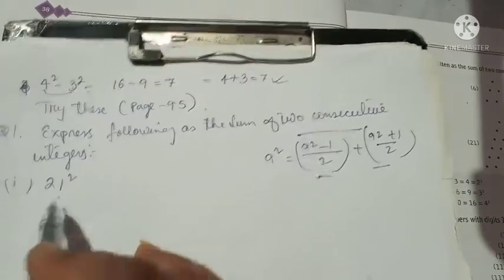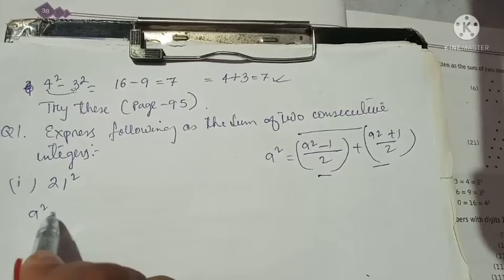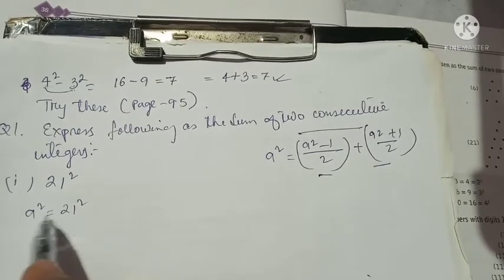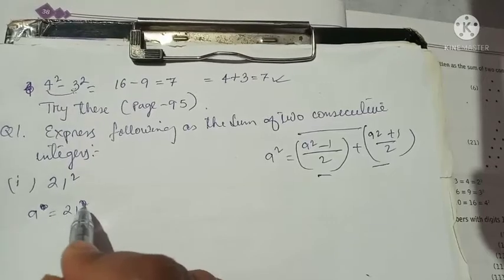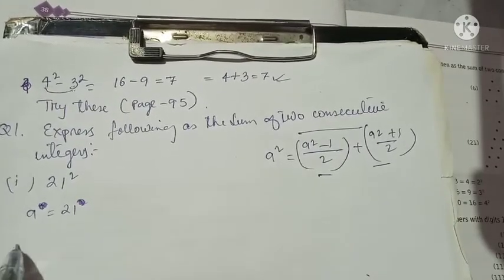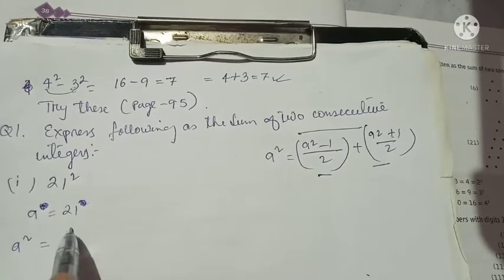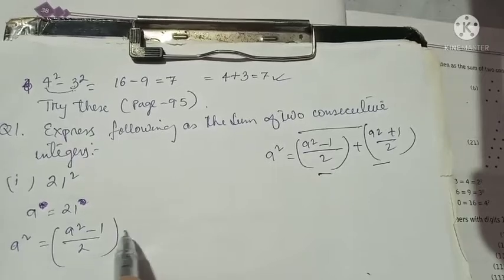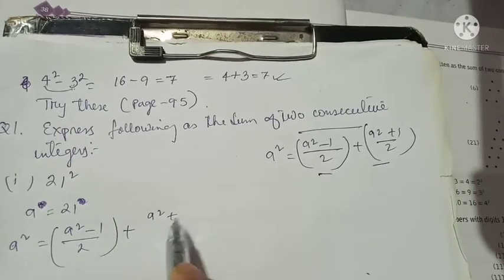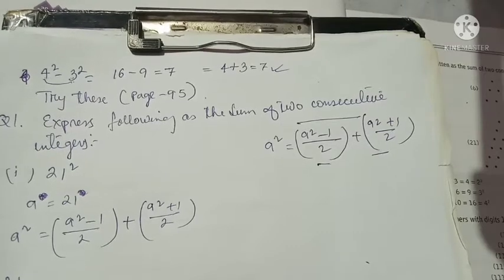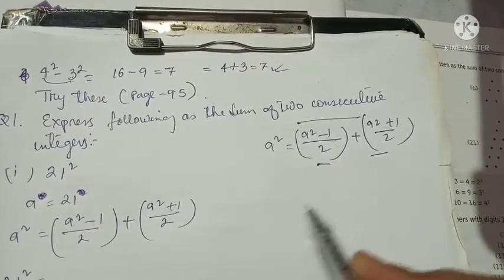Okay, let's see. Here a is equal to 21. So a square is 21 square. 21 square is how much?